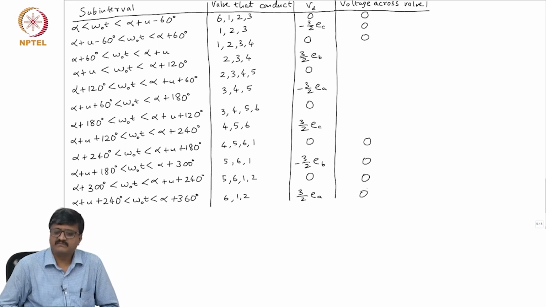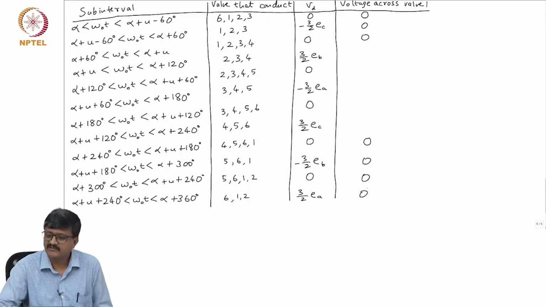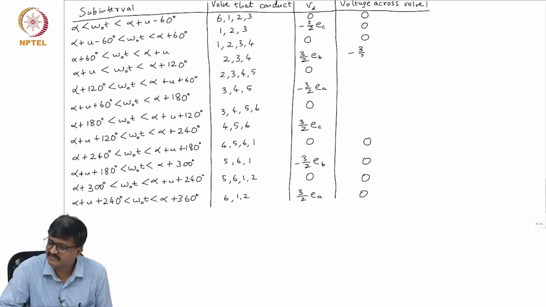What about the subinterval in which valves 2, 3 and 4 are conducting? We showed that it is equal to minus Vd. So that means this is minus 3 by 2 Eb.